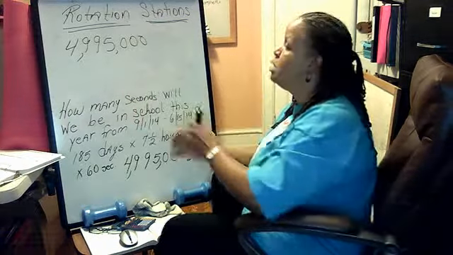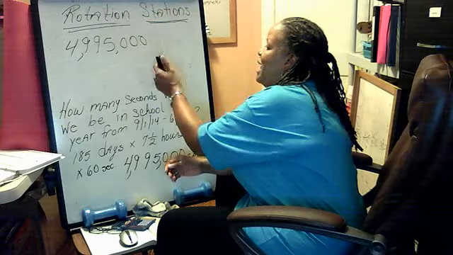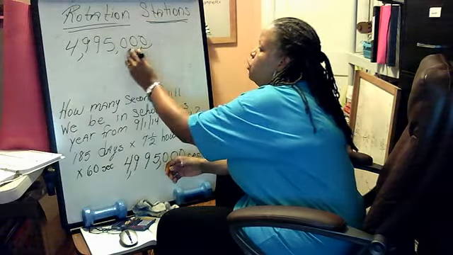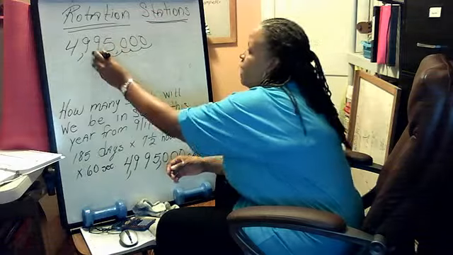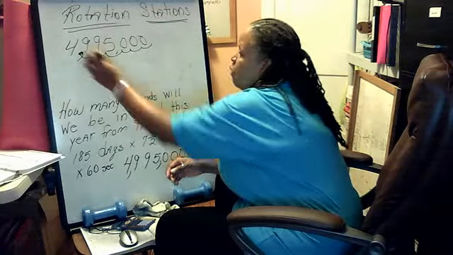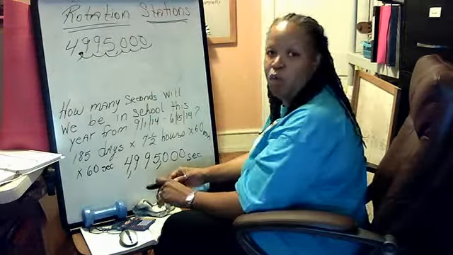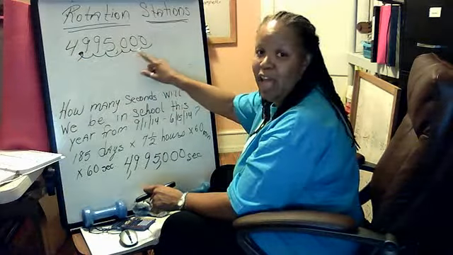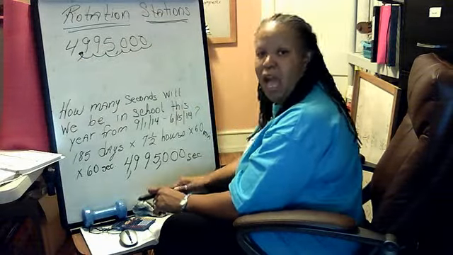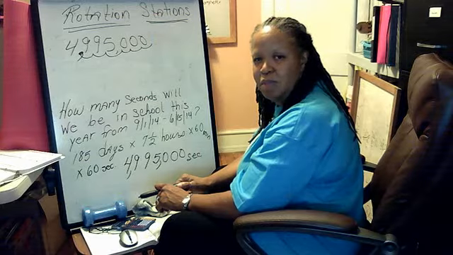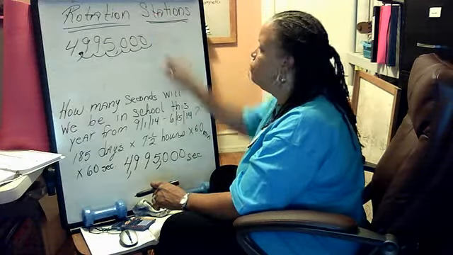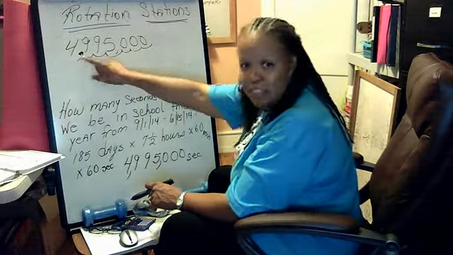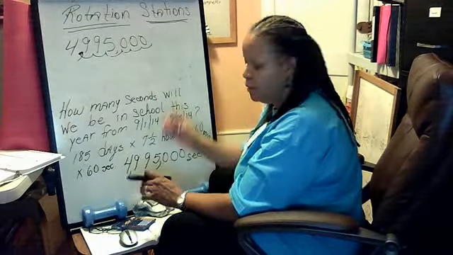In other words, we need to move our decimal from the end over how many places? 1, 2, 3, 4, 5, 6. And then we'll park our decimal right behind that 4. Now it looks like 4.995000. How many places did we move our decimal? We actually moved it 1, 2, 3, 4, 5, 6. We moved it 6 places.